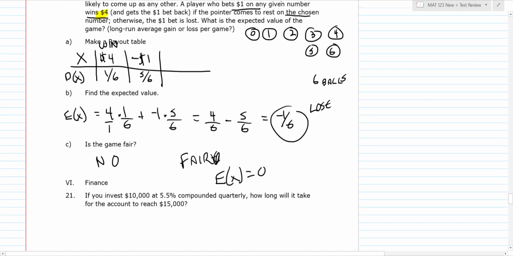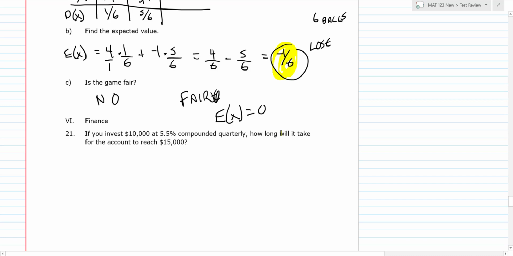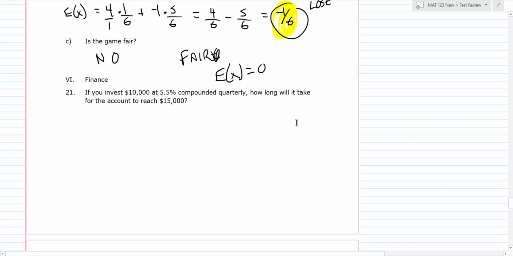Okay, so let's see. Now we're going to finish with finance. A lot of the finance, you've got to know the right formulas to utilize, and then the TVM solver. So this one says if you invest $10,000 at 5.5% compounded quarterly, how long will it take for the account to reach $15,000?